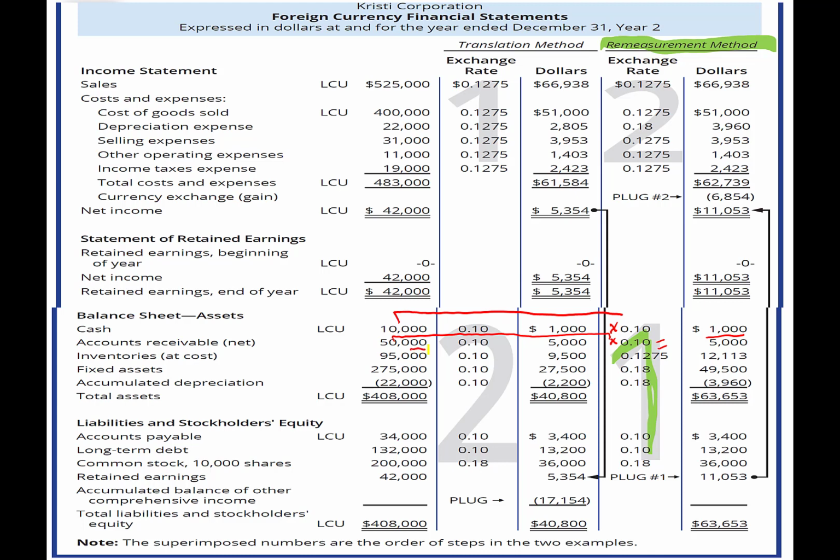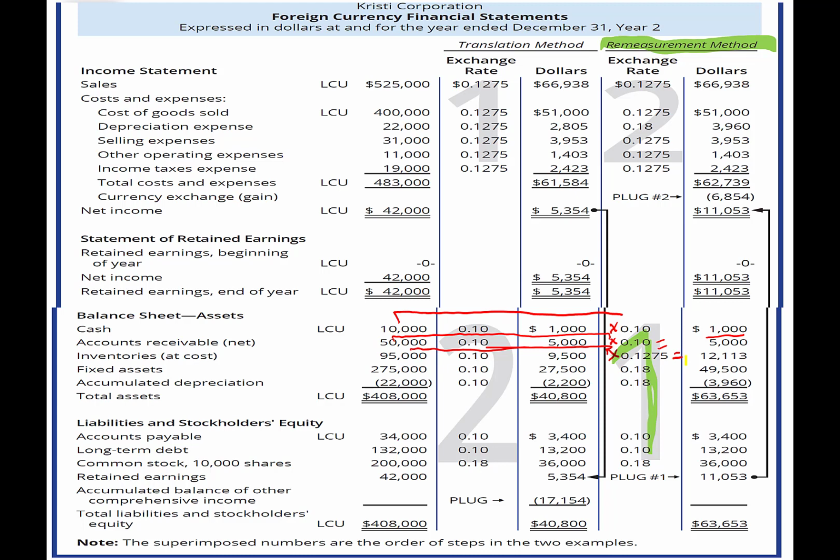So we go ahead and use the weighted average. You'll see other problems on your exam in which they say the inventory was acquired at a specific date, and then they sold those inventory items. In that case, for inventory, you would use a historical rate.